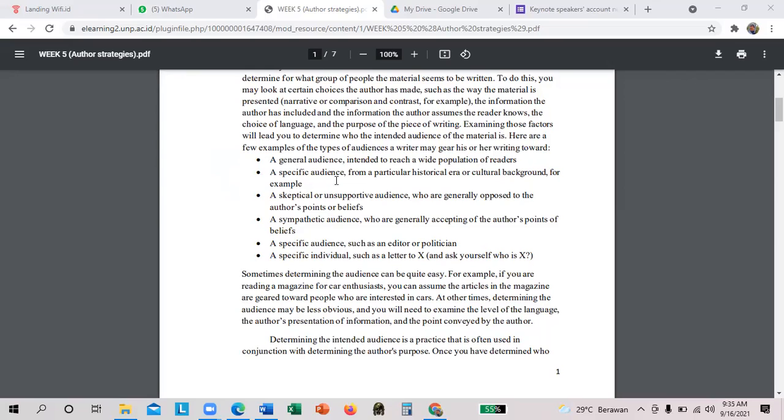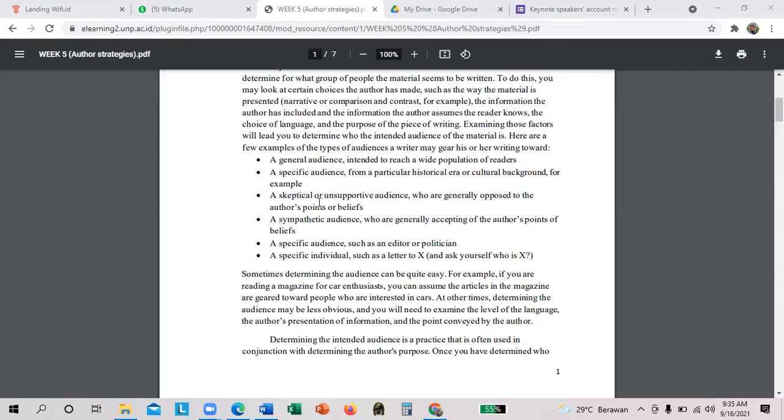The second, specific audience. Specific audience comes from a historical era or cultural background. For example, this is only specific for education readers, this is only specific for economic readers. So this is what we call specific audience.